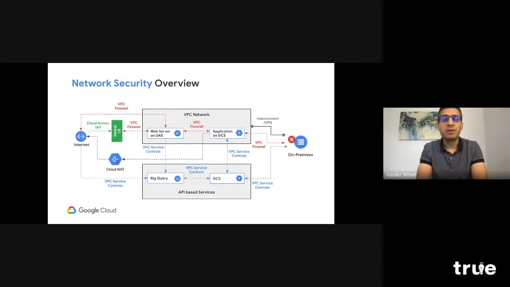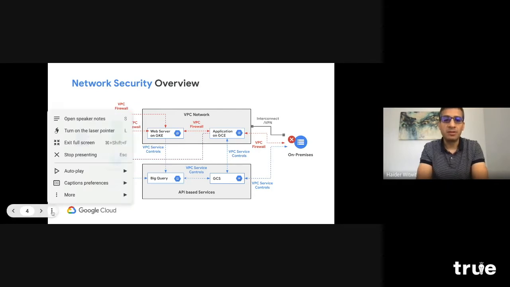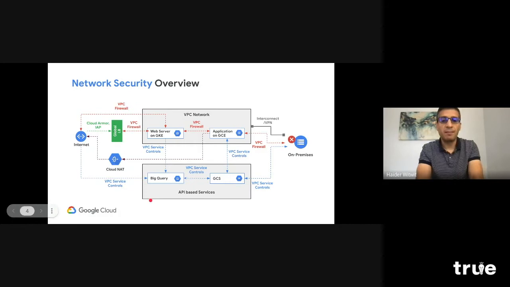Speaking of networking, there are 3 primary networking security capabilities provided with Google Cloud. The first one is the most basic, the VPC firewalls. VPC firewalls are a layer 3-4 capability to filter traffic.